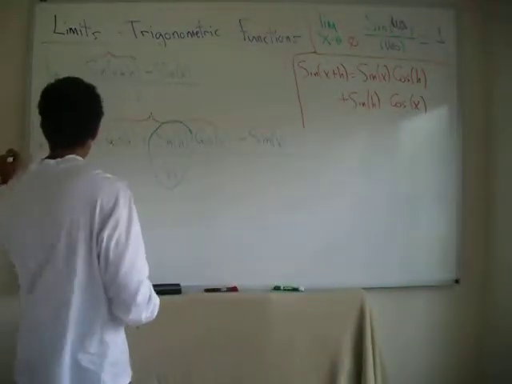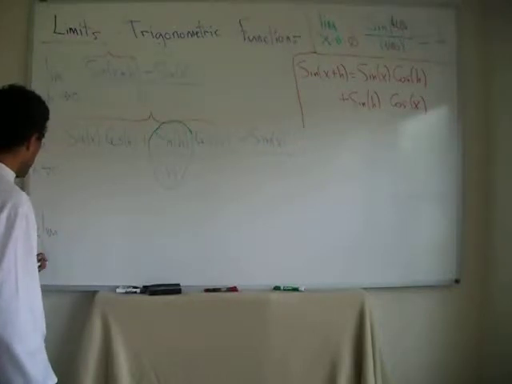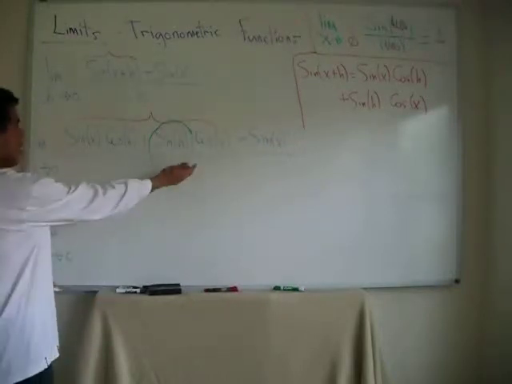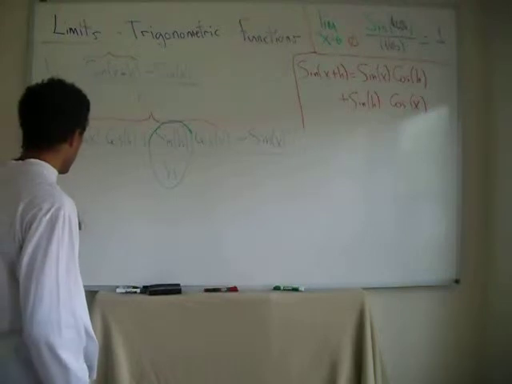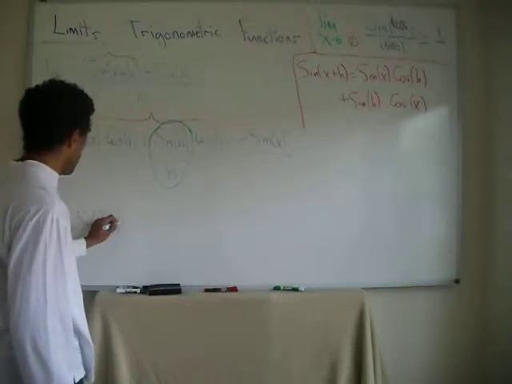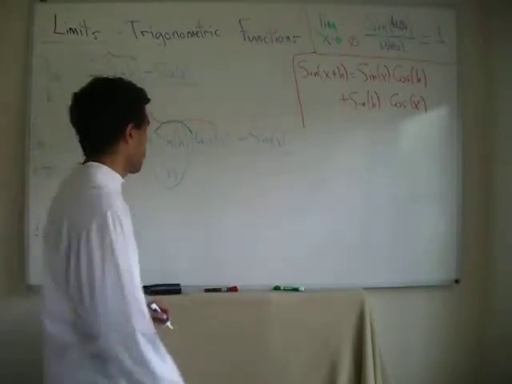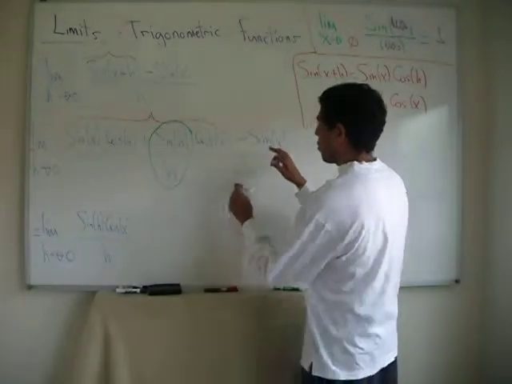So this is equal to limit when h tends to 0. Again, I'm moving this to the left. Sin of h cos of x over h. And I'm left with these two.